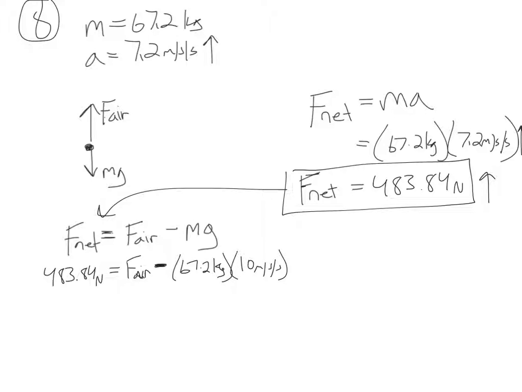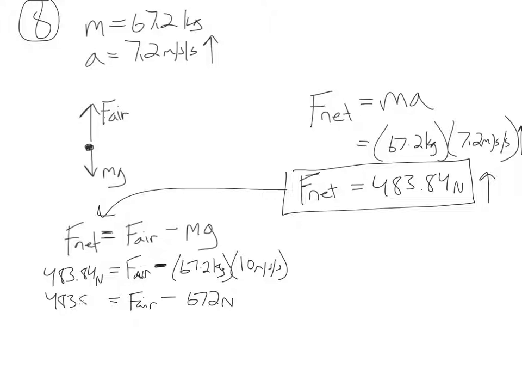If you wanted to put the acceleration in as negative, because you want that acceleration pointed downwards, then you can't do that twice. I'd have to add that force in with a negative acceleration. But I'm not going to do that here. I like to take care of that once right in the beginning. So we have the air resistance minus a weight of 672 newtons. That's what's pulling him downward.